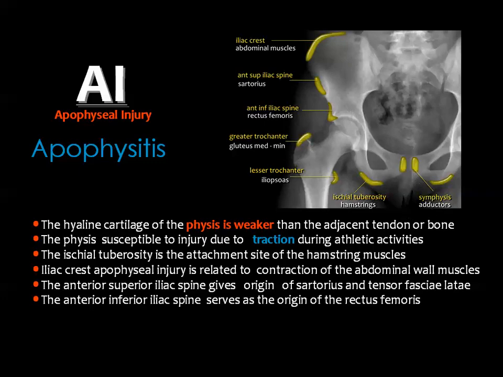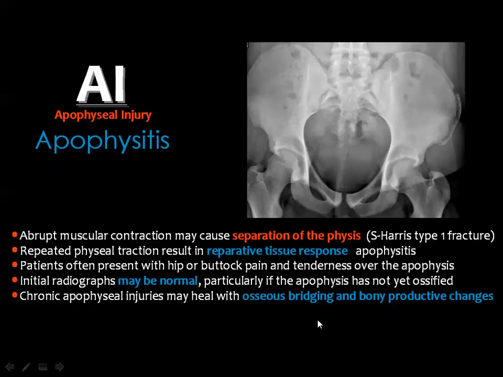And what happens if you apply stress to the apophysis? Then you get separation of the physis, and this, as you remember, is considered a Salter-Harris type 1 fracture, where you get distraction of the physis and widening of the physeal plate.